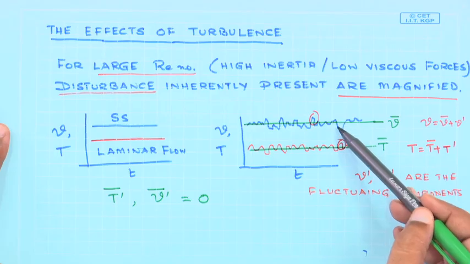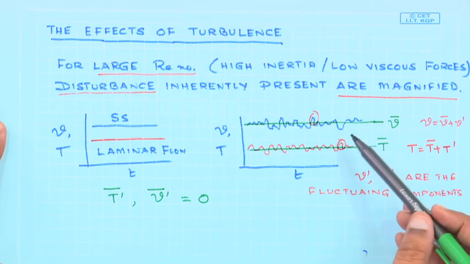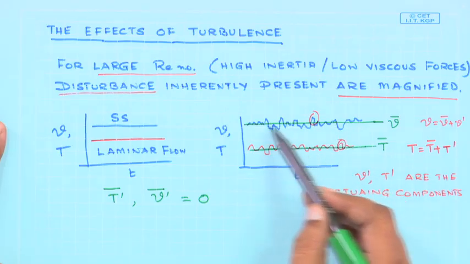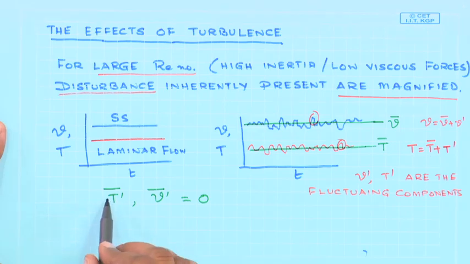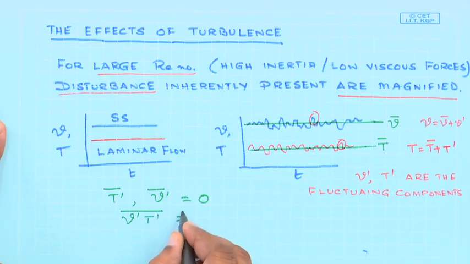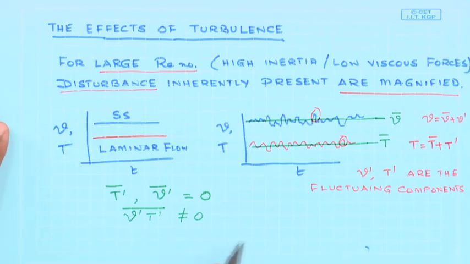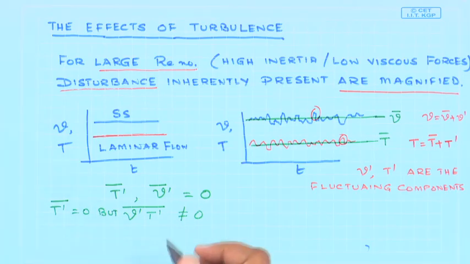So, you have up and down, and it is completely an arbitrary function, and if you take a large enough time and take the time average of the fluctuating component, individual components would be 0, but the same cannot be said about their product. So, this may or may not be equal to 0. Okay. So, T prime bar is 0, V prime bar is 0, but the average of V prime T prime may not be equal to 0.